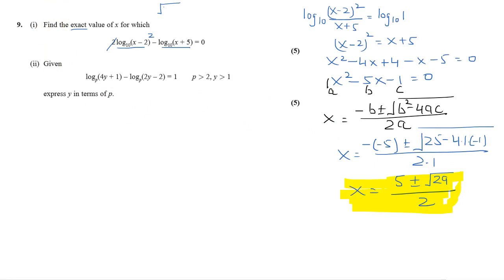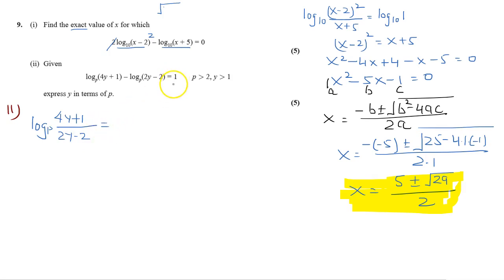Part B is log base p of (4y plus 1) divided by (2y minus 2) is equal to log p base p. The same rule we are going to apply here.